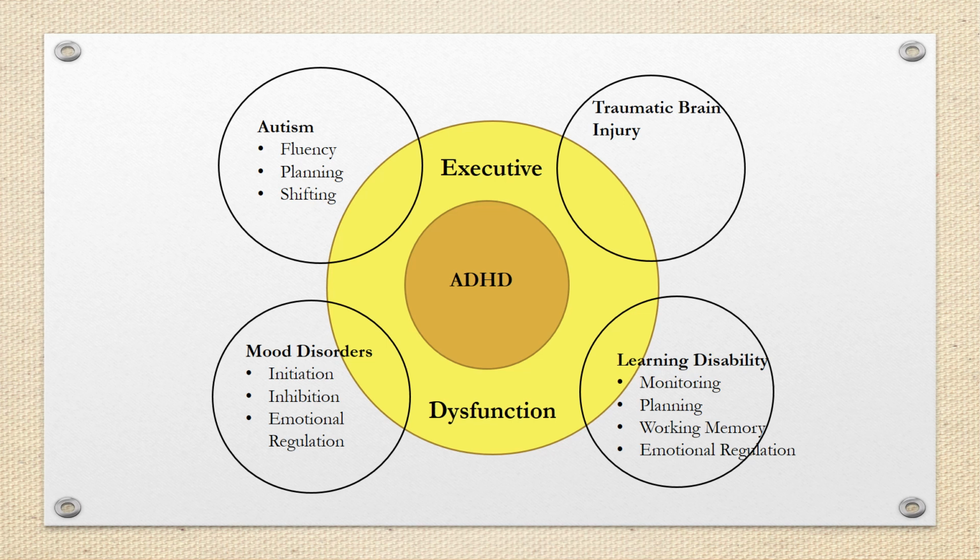Executive function disorders affect several different types of handicapping conditions in different ways. So first of all, in a child with autism, they may have difficulty with fluency of their production. They may have difficulty planning ahead.